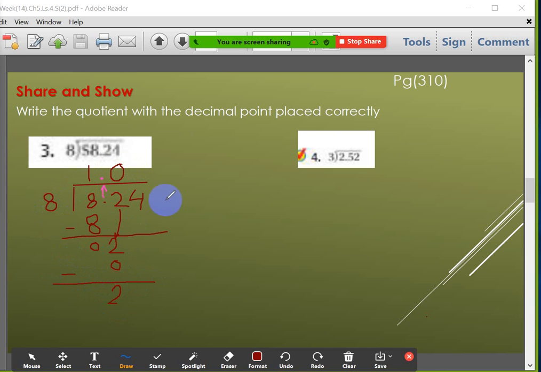What I have to do now, I will take the 4 and put it next to the 2. 24 divided 8 equals what? What is the number that I will multiply it by 8? The answer will be 24. Of course, it's 3. So it will be 3 in the hundredths digit. 3 multiply 8 equals 24.